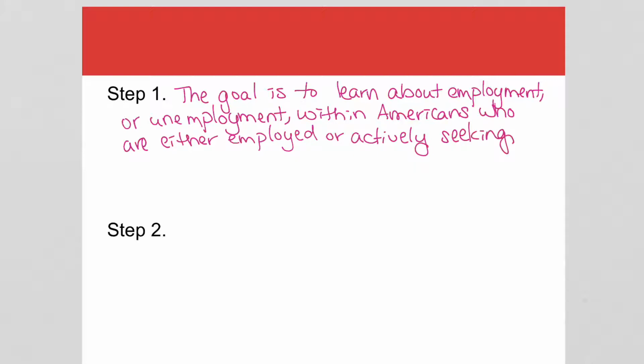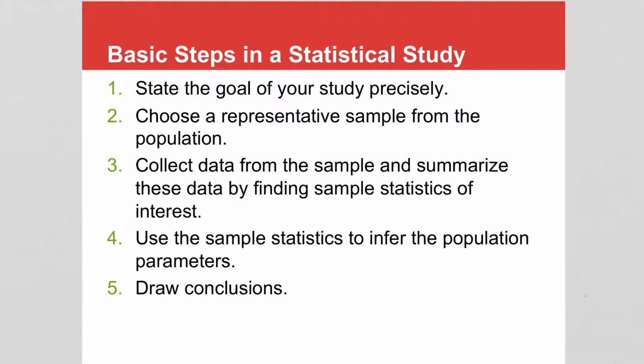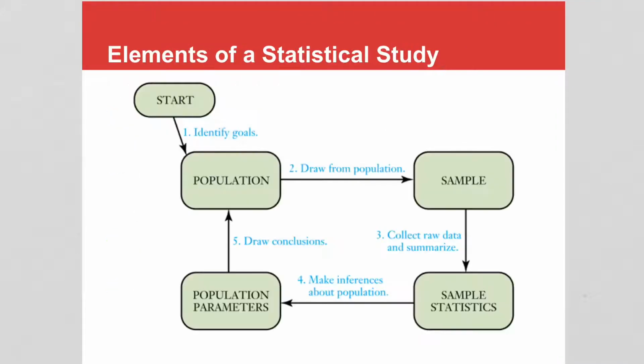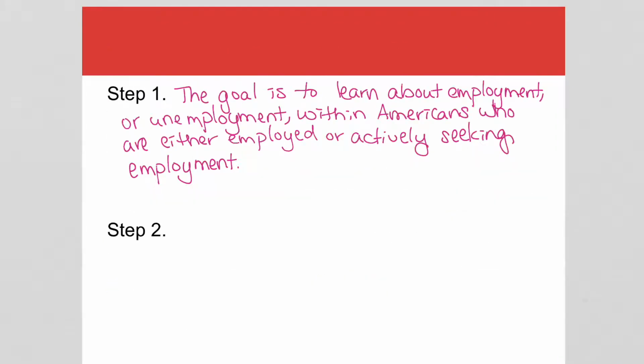I'd pause this while I was writing, but you guys are supposed to be copying this, so me leaving myself writing on here is giving yourself time to write it too. So step 2 says, choose a representative sample from the population.